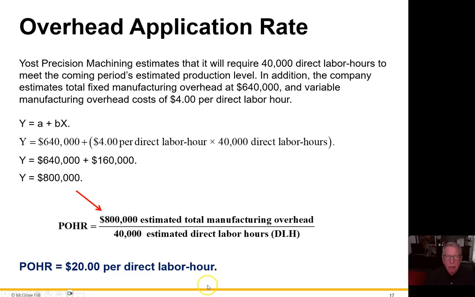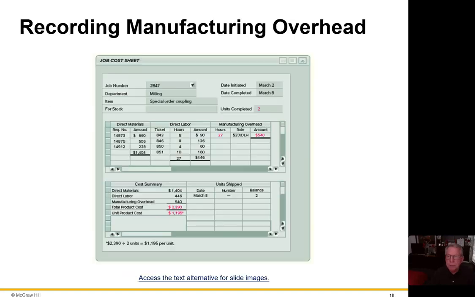Then we divide that through by the number of direct labor hours, which were 40,000 in this example. So every time we have a direct labor hour, we're going to allocate or apply $20 of overhead cost to that job.